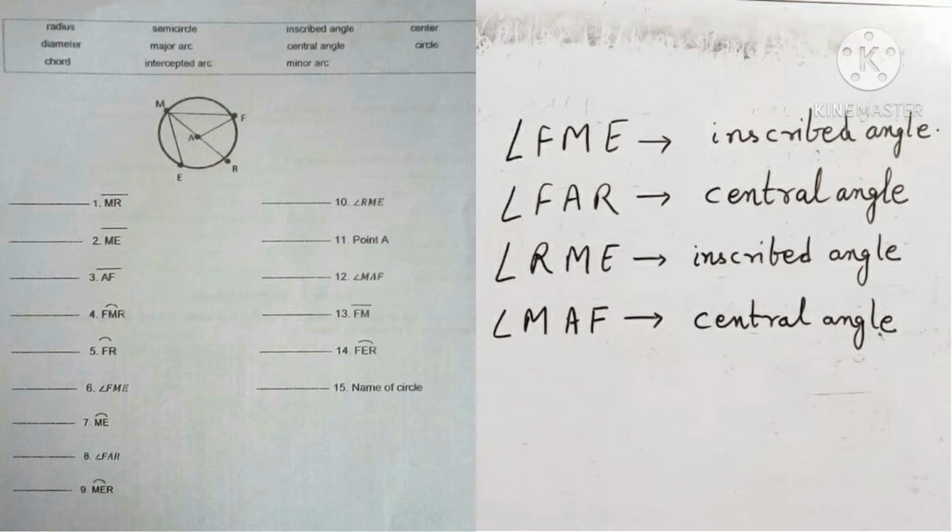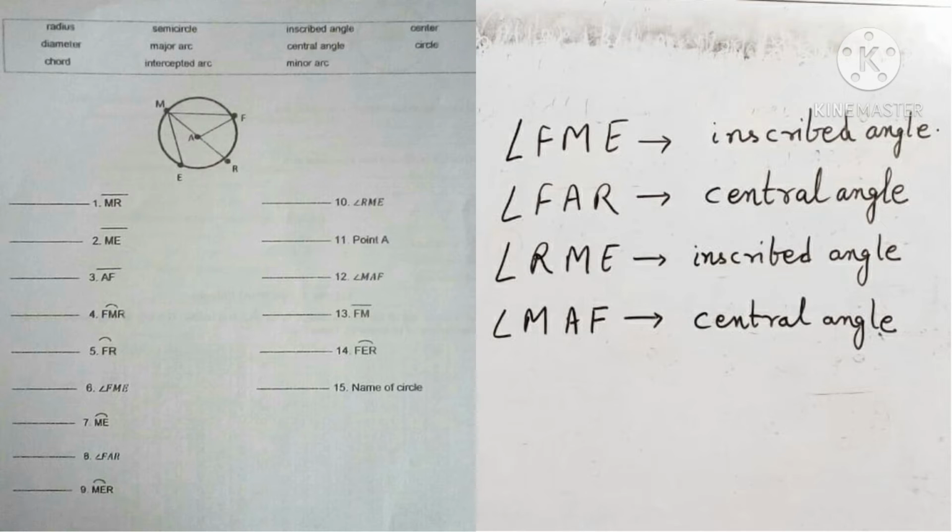Now what is the inscribed angle and what is the central angle? When there are 3 points on the circle and one of them is the center of the circle, when we join them and they form a sector type figure, then this is the central angle. We can see clearly in the figure FAR.